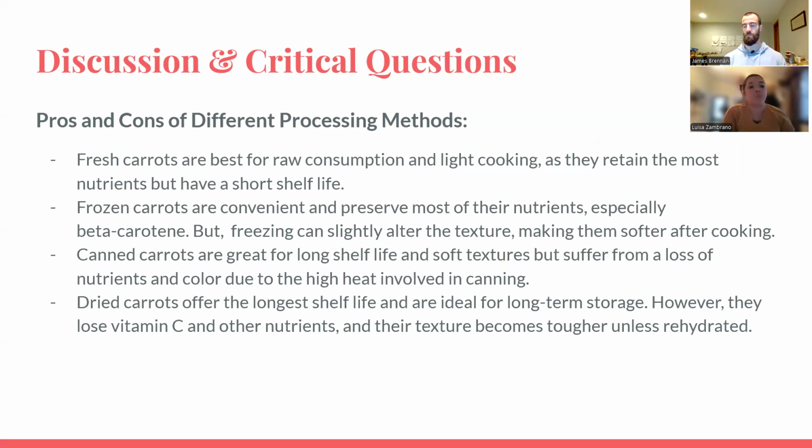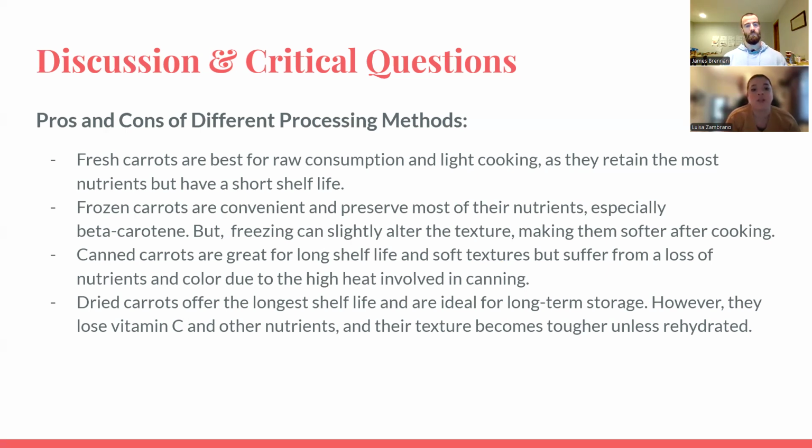And for the pros and the cons, each method offers different advantages and disadvantages. So the fresh carrots are ideal for raw consumption or light cooking, since they retain most of the nutrients, but they have a shorter shelf life.